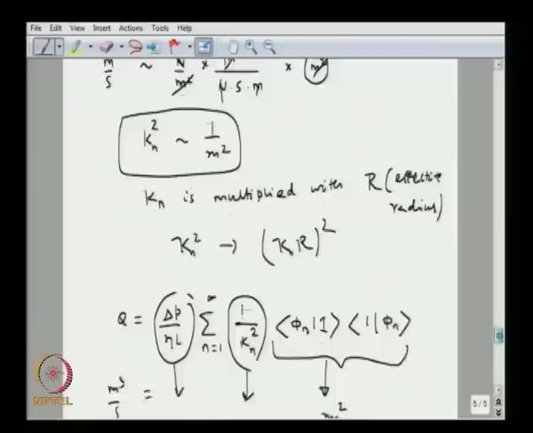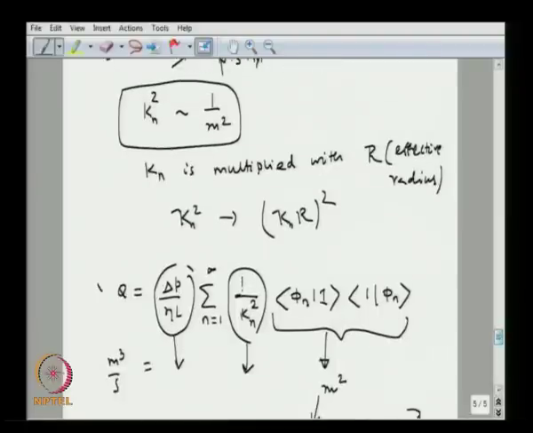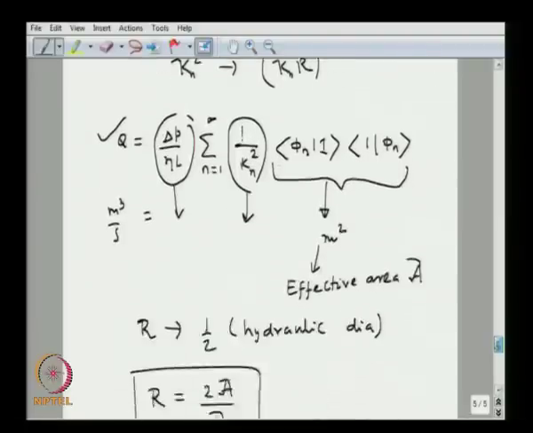So, now we can write down the expression for Q as follows.